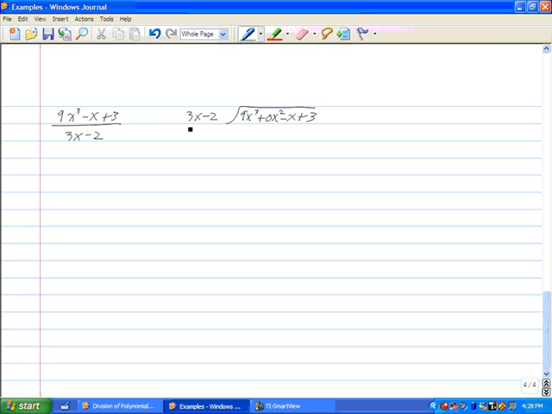Let's multiply. 3x times what gives you 9x cubed? Another 3x squared. Multiplying, I get my 9x cubed minus 6x squared. Change the signs. Add. 6x squared comes down.